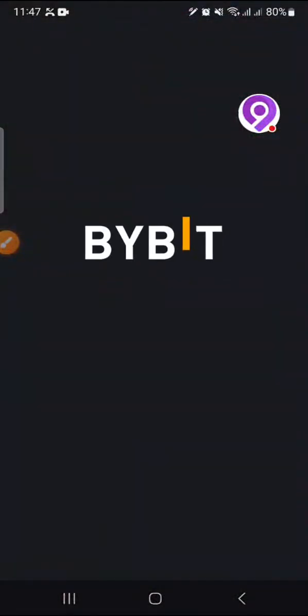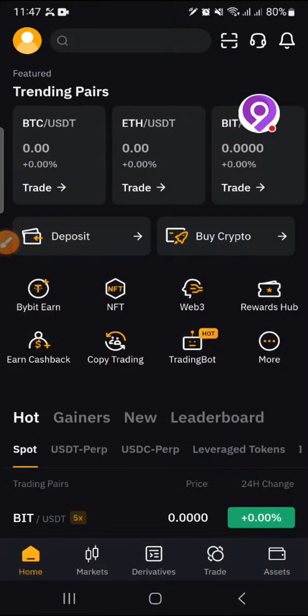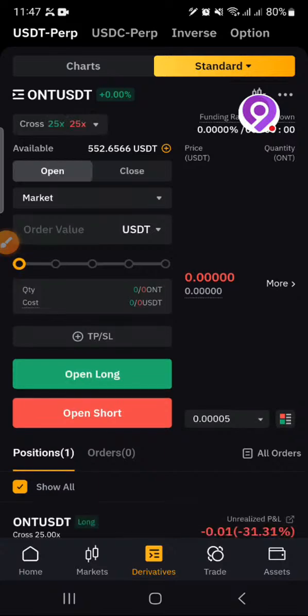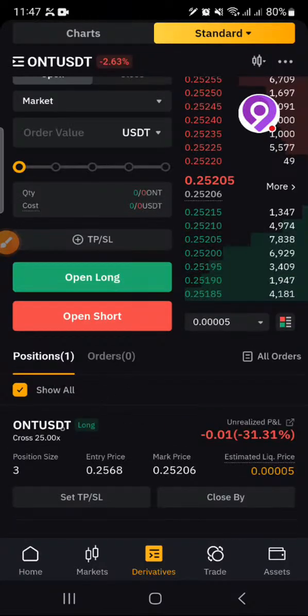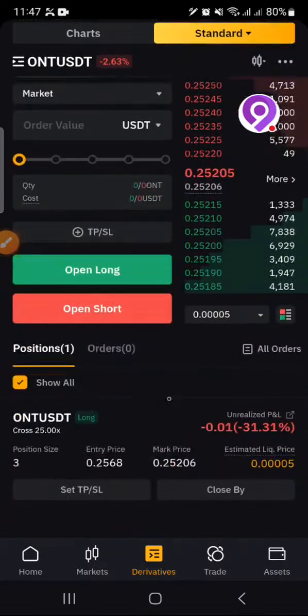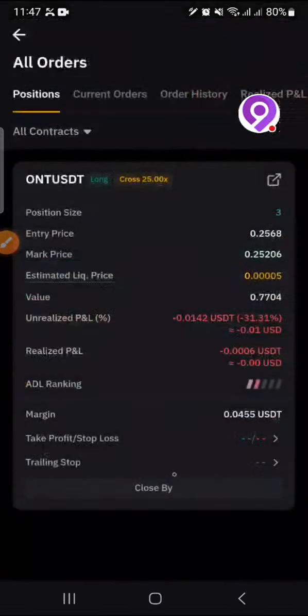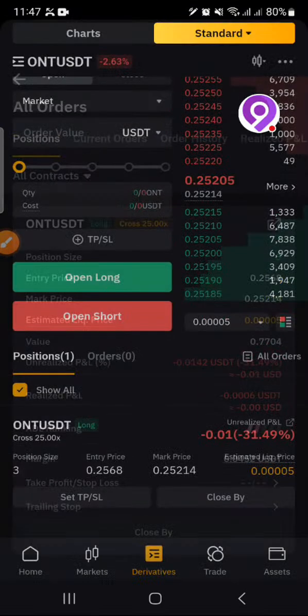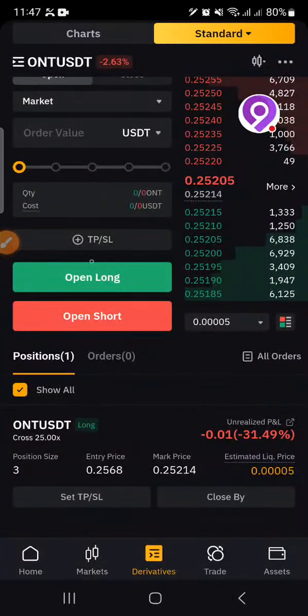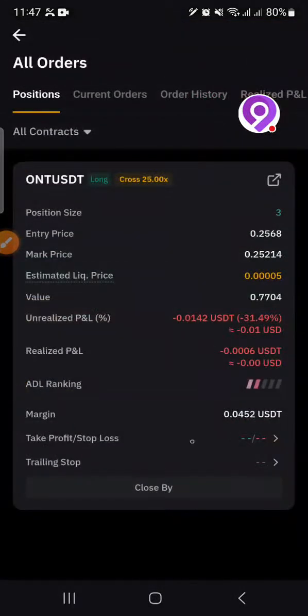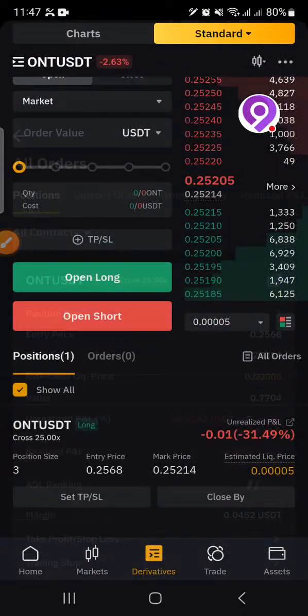Yeah, let's come here. Okay, it's still there. So let's add $2. Currently my margin is very small, 0.05. I didn't even know how I got to add this margin, but let's just leave it like that. Let me add $2.